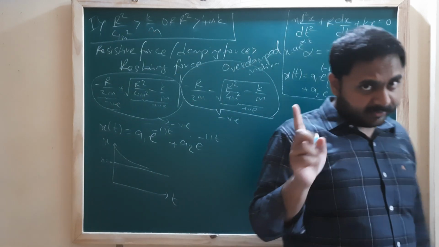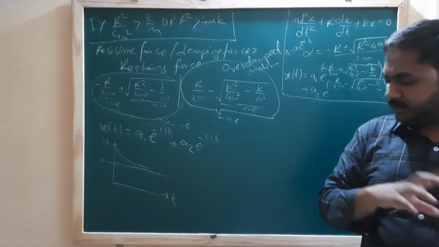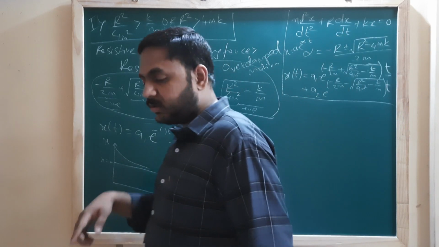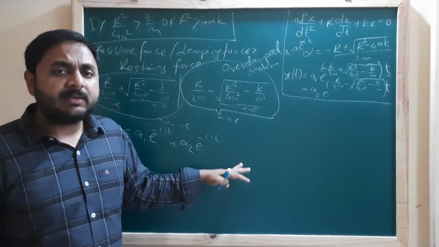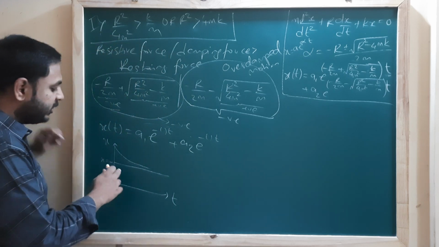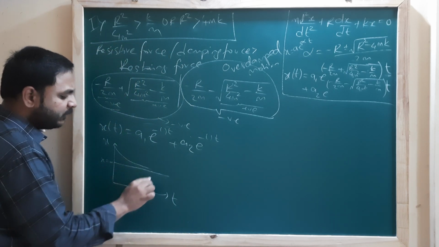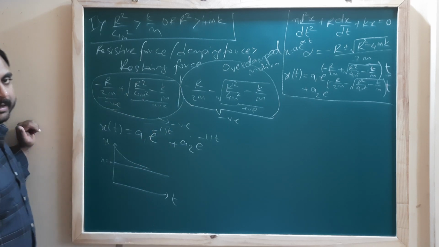So in overdamped motion, your external resistive force is greater than the restoring force. Once you displace the oscillator from its mean position, it comes back to the mean position very slowly and there is no oscillatory motion, because oscillatory motion should be up and down around the mean position. There is no oscillatory motion in overdamped motion.